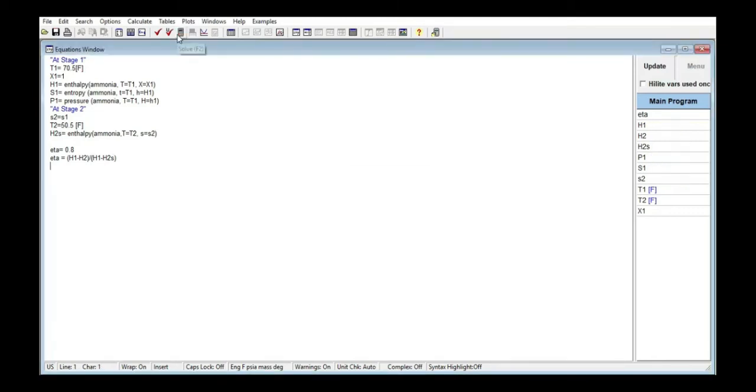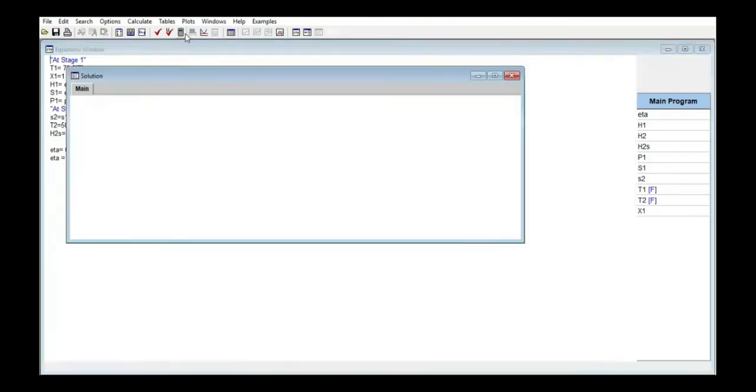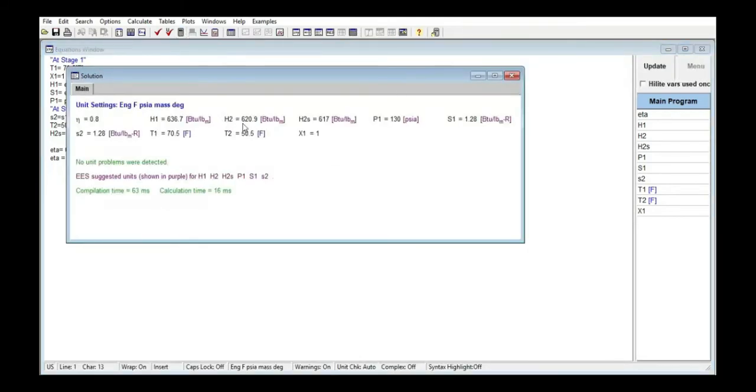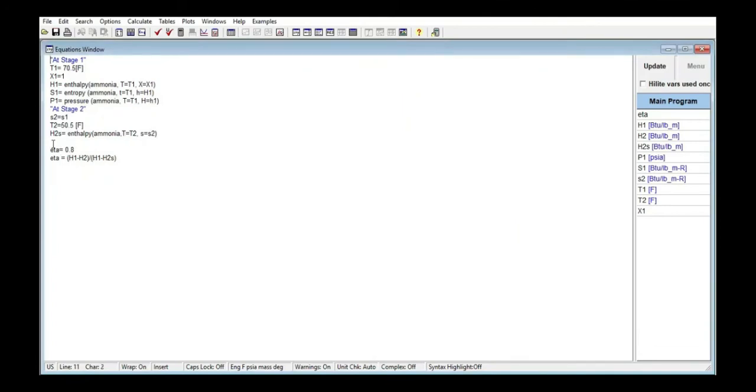So we get that H2 is equal to 620.9. We will also mark this stage as calculating the actual enthalpy. Sorry, I'm slow at typing.